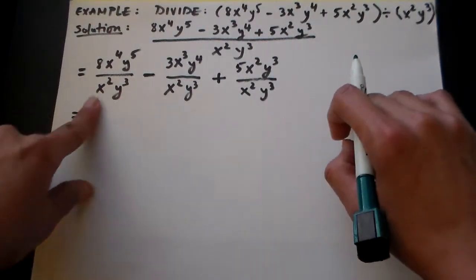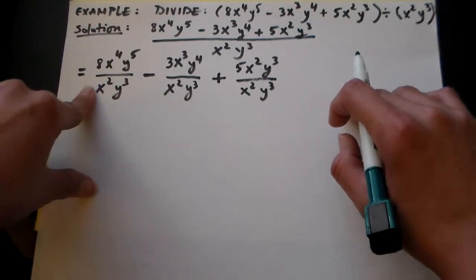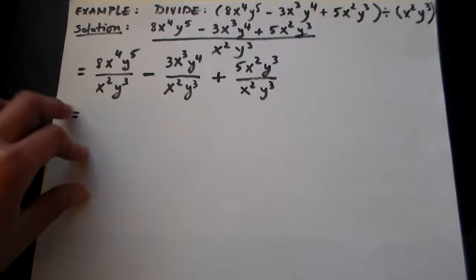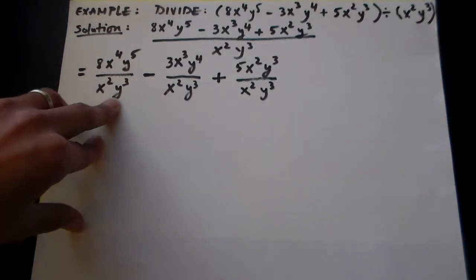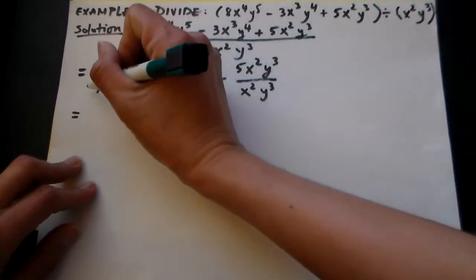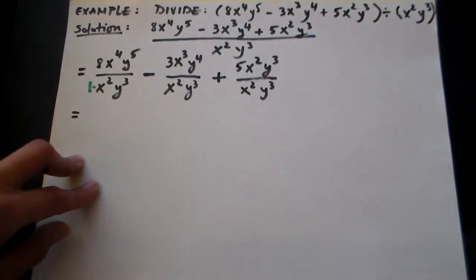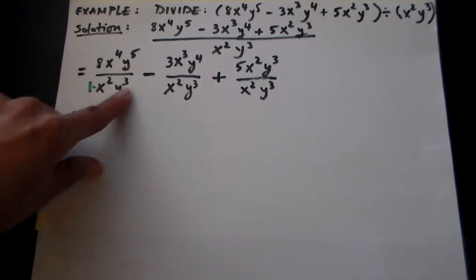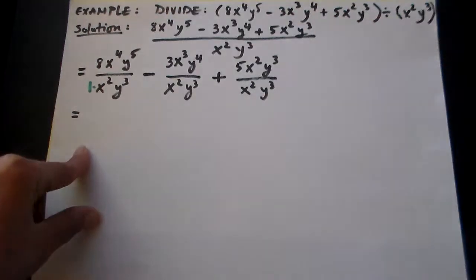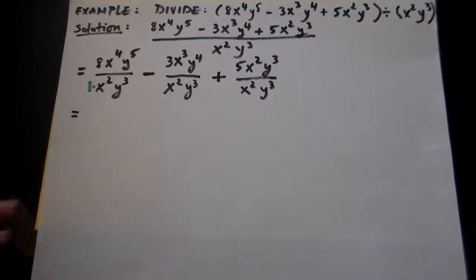At the bottom you do not see it, but it means it's 1 here, because 1 times x squared times y to the 3rd is itself, which is x squared times y to the 3rd power. So I can actually rewrite a 1 here. You want to see it. So the coefficient of this denominator is 1. Okay? So 8 divided by 1 is 8.